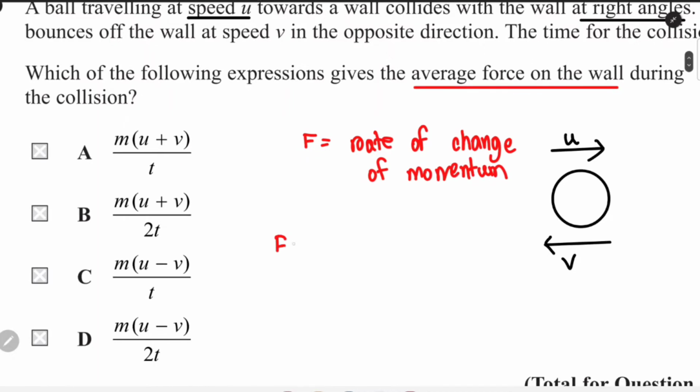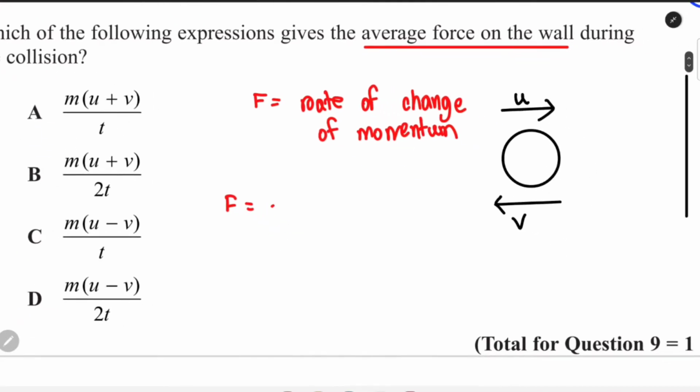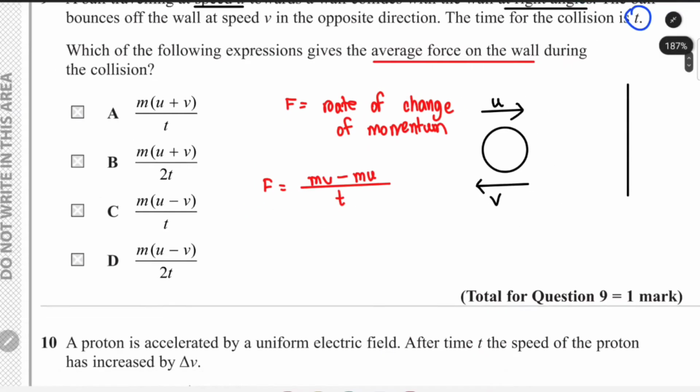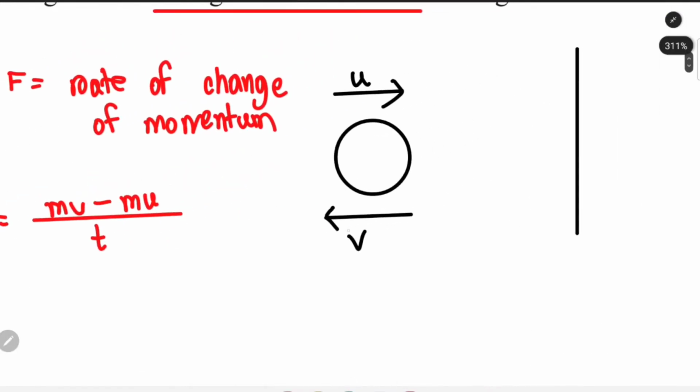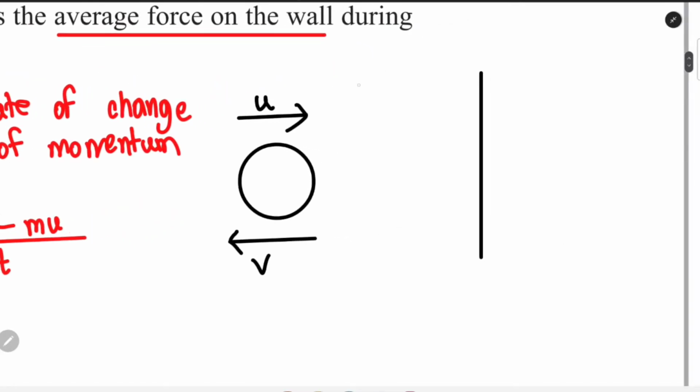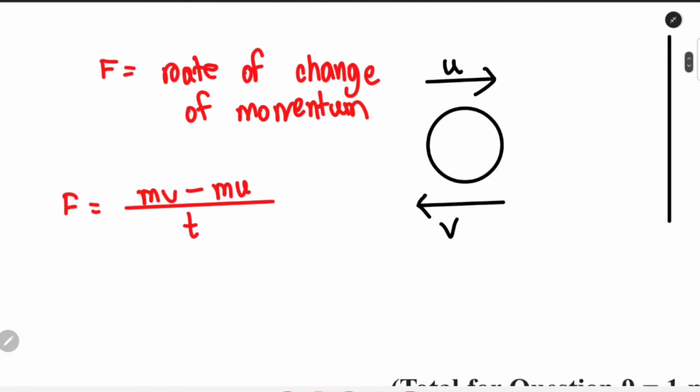So the force is equal to the change in momentum, so mv minus mu divided by t. Now in this case, the v and u are in different directions. So if I consider the rightwards motion to be positive, this is going to turn out negative.